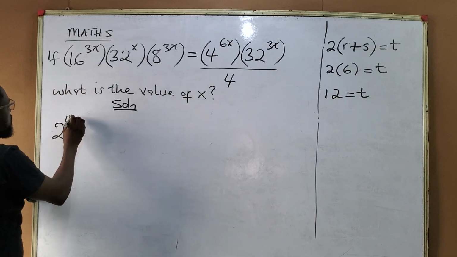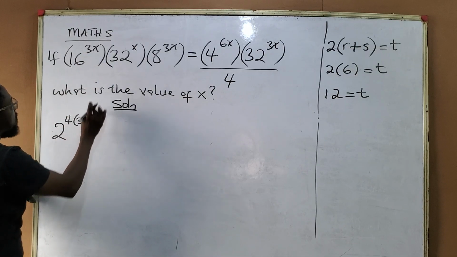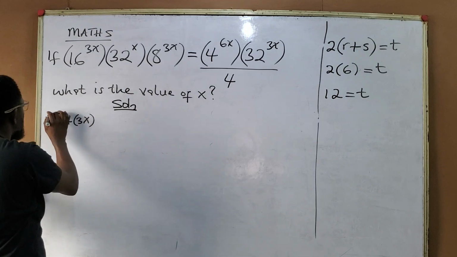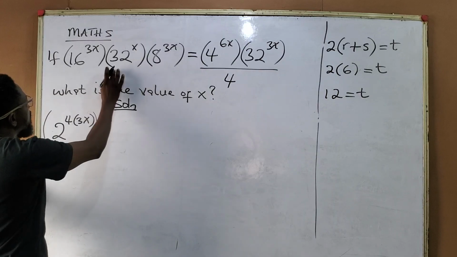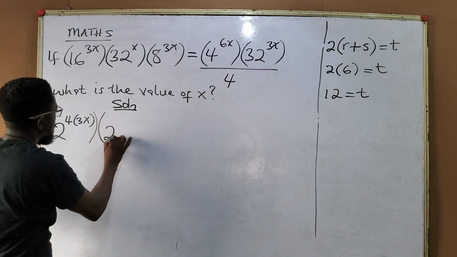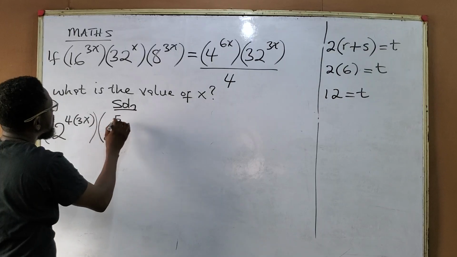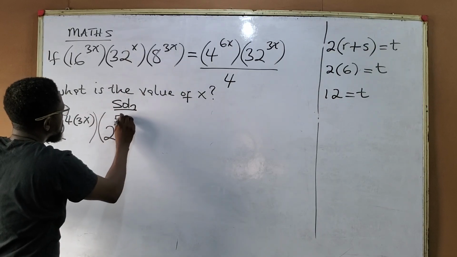And there's 3x outside here. Then we have 32, let's put this one in a bigger bracket. 32 is 2 to the power 5, and 5 times x will give us 5x.